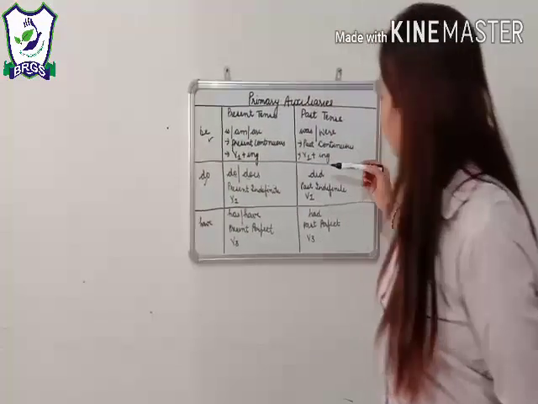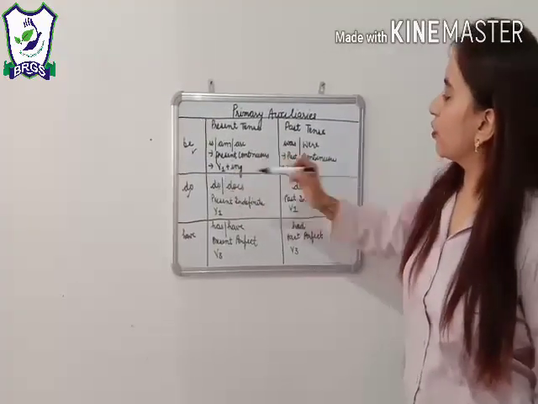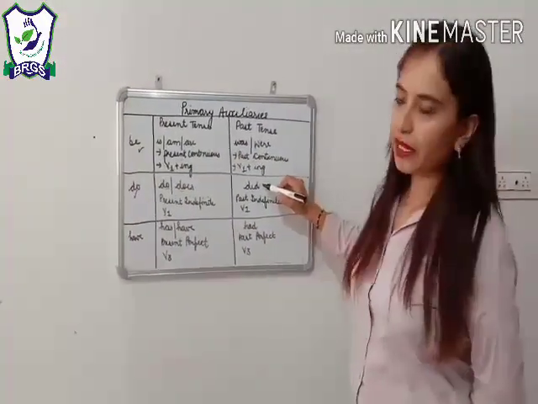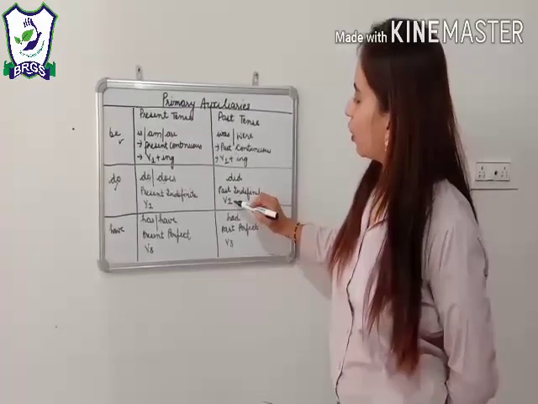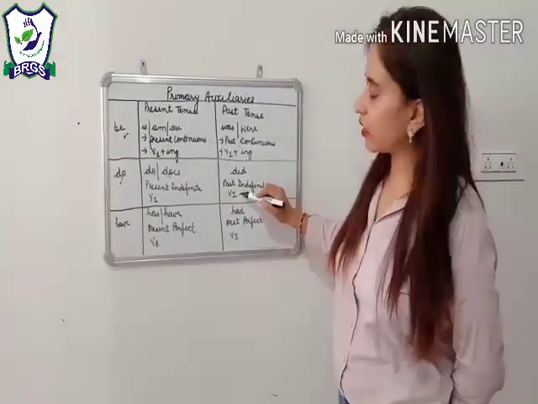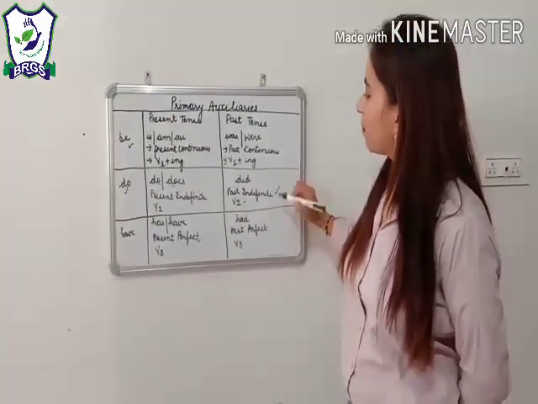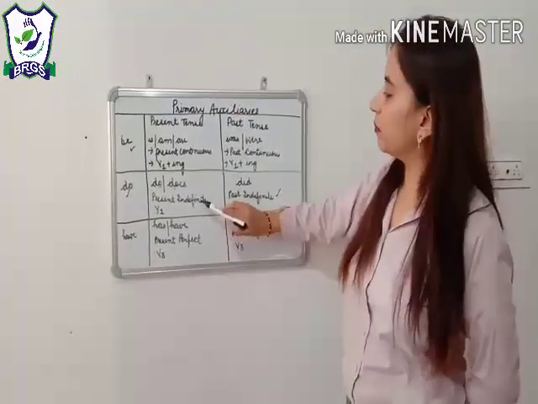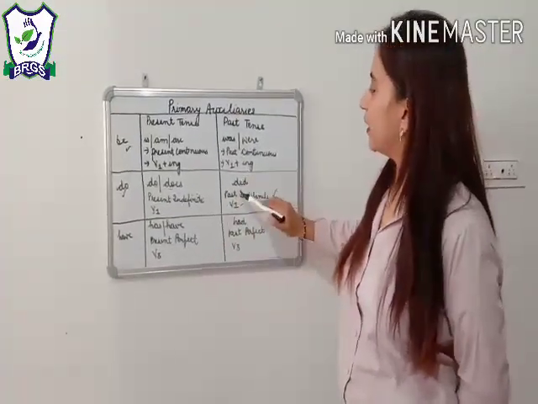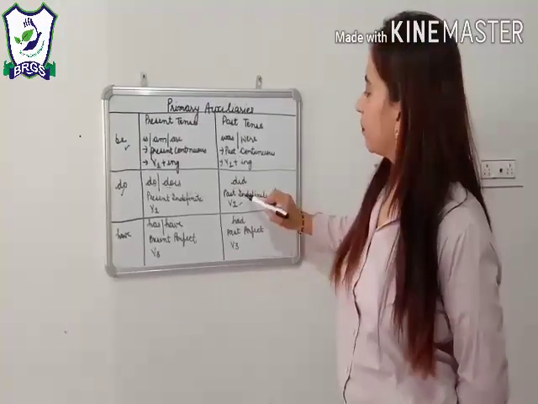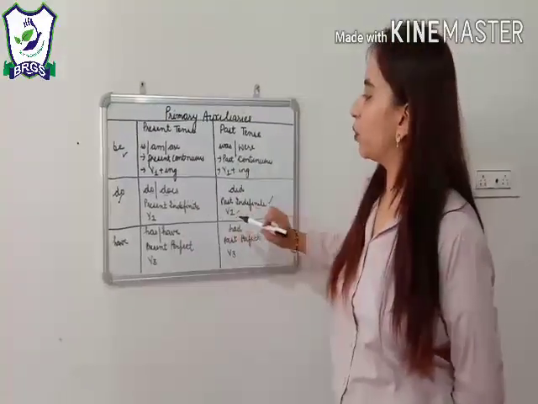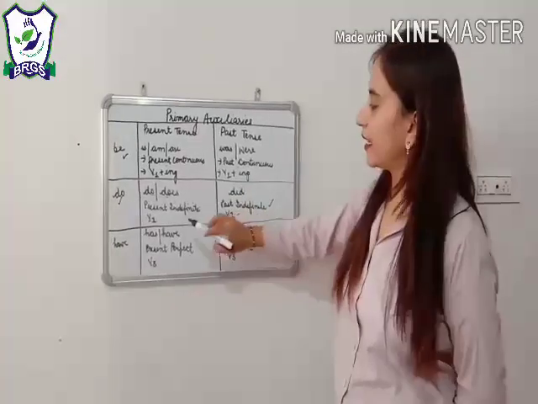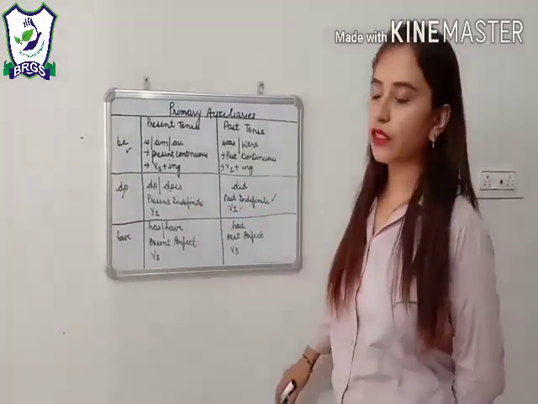Did is used in past indefinite and is always followed by the first form of verb. So both do, does and did carry the first form of verb.